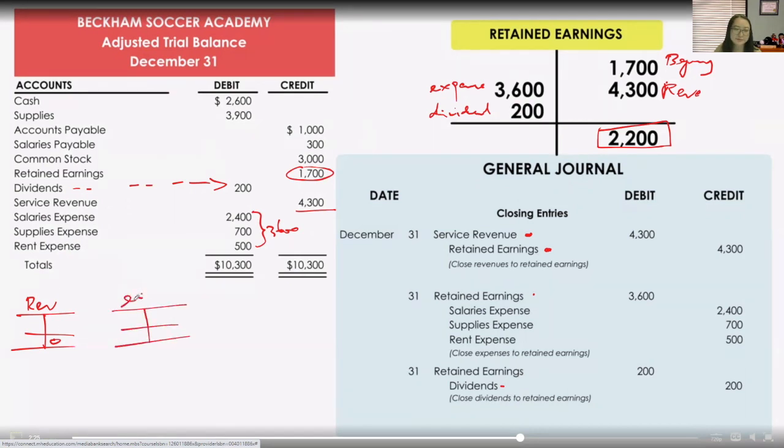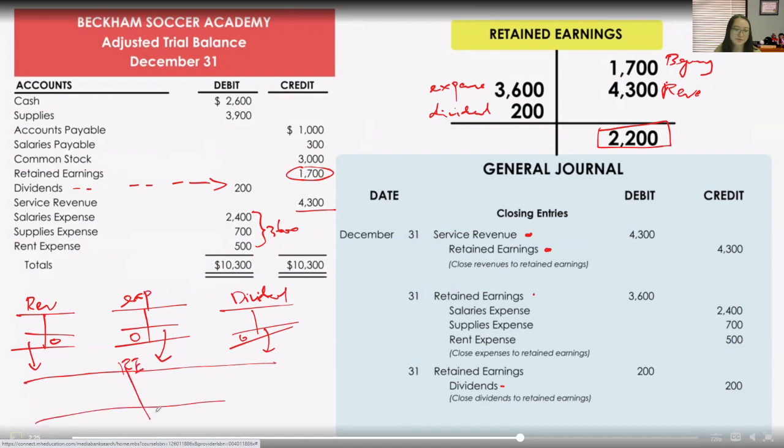Expenses have a debit balance normally, and dividend has a debit balance. So to clear this number out, we need what? We need to debit revenue out, credit out expenses, credit out dividend, to the retained earnings account, right? Okay. So this one goes to this side, and all these two go to the left hand side.